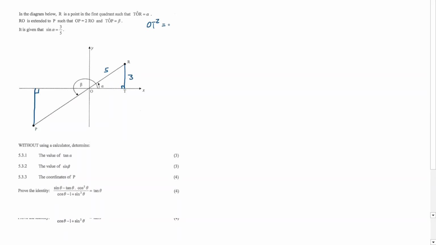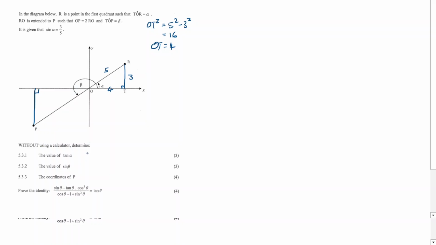So OT squared would be the hypotenuse squared minus the 3 squared. So that's 16, and square root of 16 to get just OT is 4. You've got to just look and see if it's 4 or minus 4, depending on which side it is. Always look out for that.